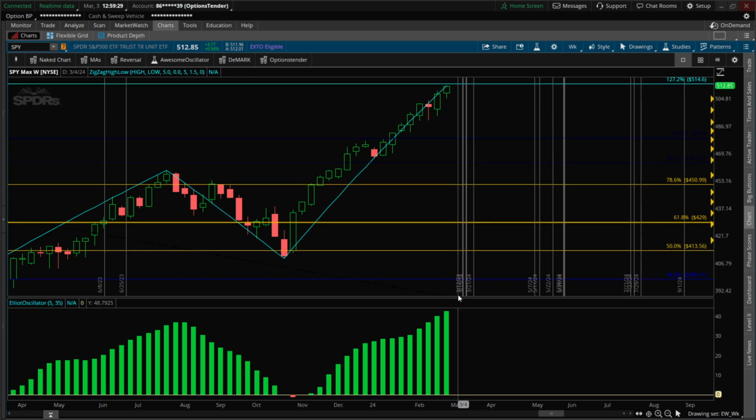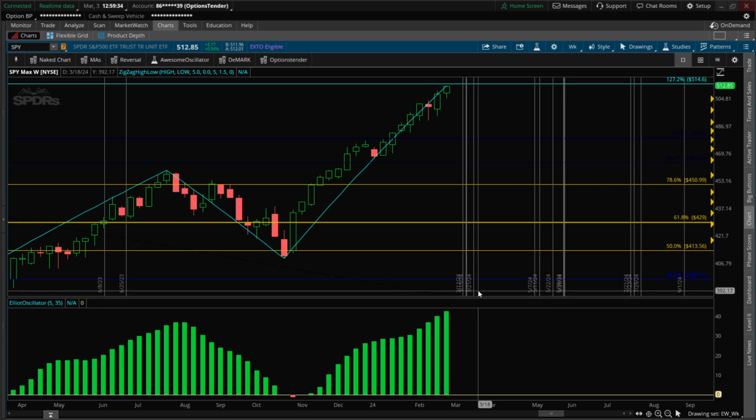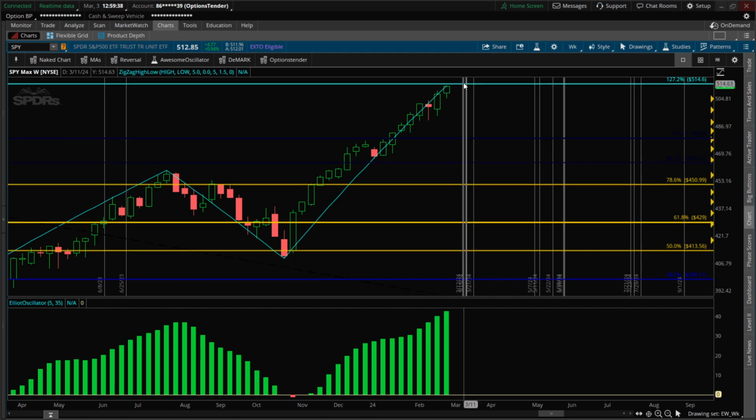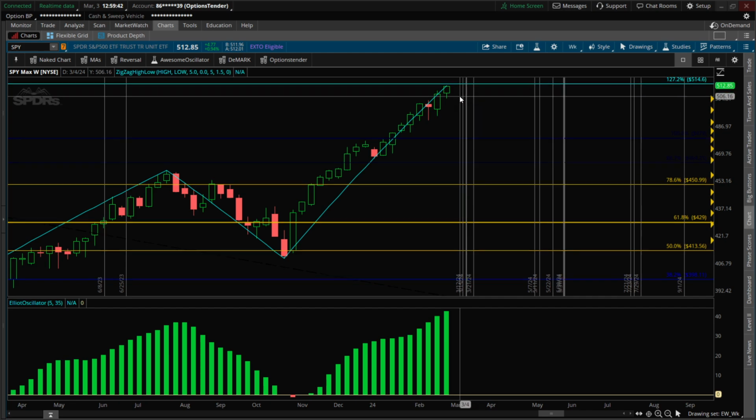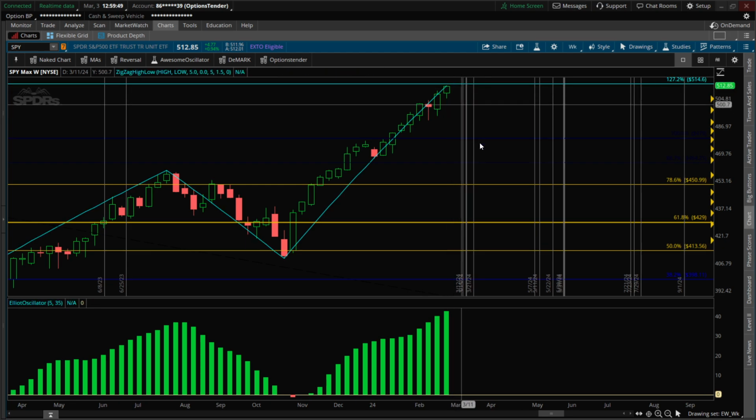So the window is about March 12th through the 21st. So anywhere within that window, and you have the price action here. I think that 12th, it's not next week, but into Monday. So that's a possible corrective zone where we can get our reversal.